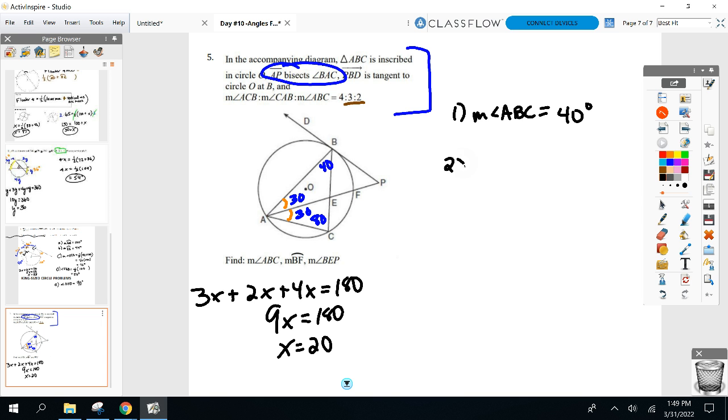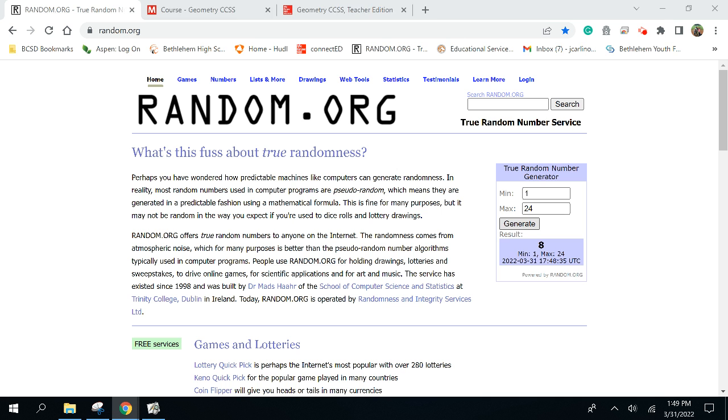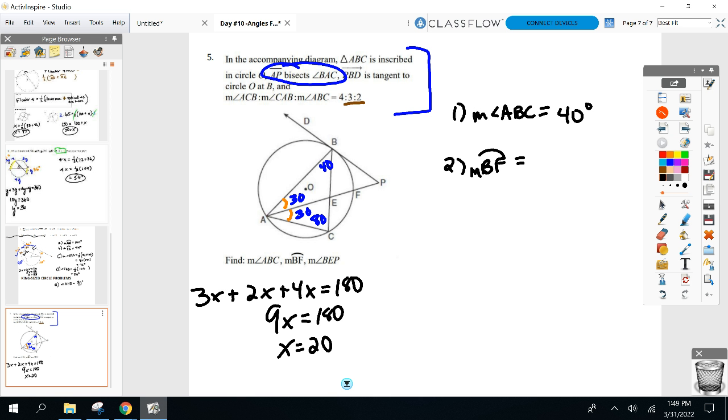Ooh, here you go. Arc BF. What is the measure of arc BF? Arc BF. What is the measure? Not the length, the measure. I'll help you out if you need it. 60.